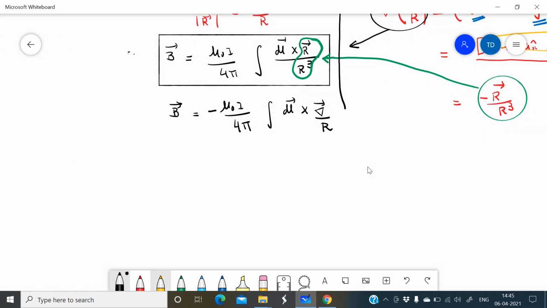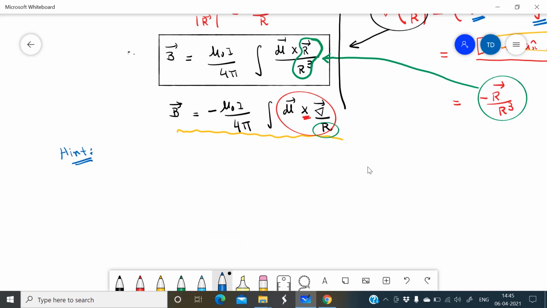Now if you focus on this quantity, it's just a cross product between a vector quantity and the scalar quantity r, which is multiplied with the del operator. So we have to apply a vector identity.